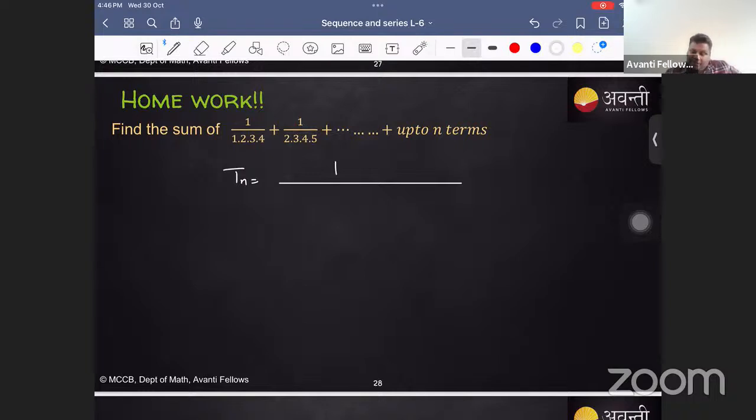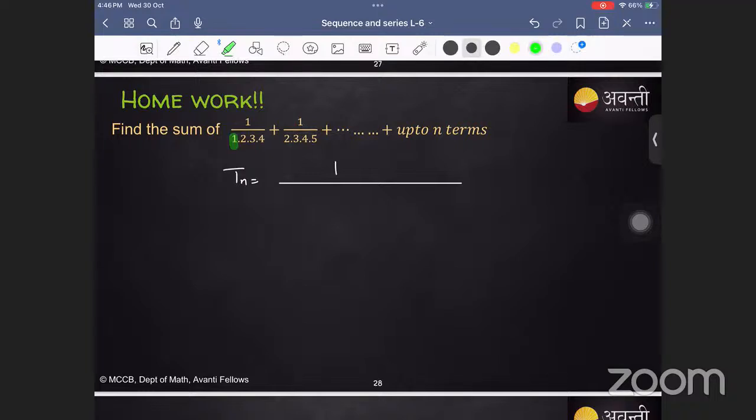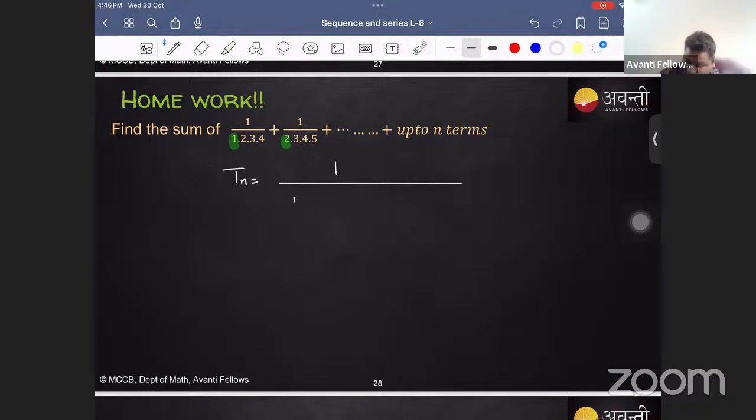See, the nth term will be, if you realize, in the first term, first is 1. Sir, it can be n into n plus 1 into n plus 2 into n plus 3. Very good. Then it is 2, then it will be 3. So the nth will be n. Then next will be one more, n plus 1. Next will be one more, n plus 2, and next will be one more, n plus 3. Am I correct?